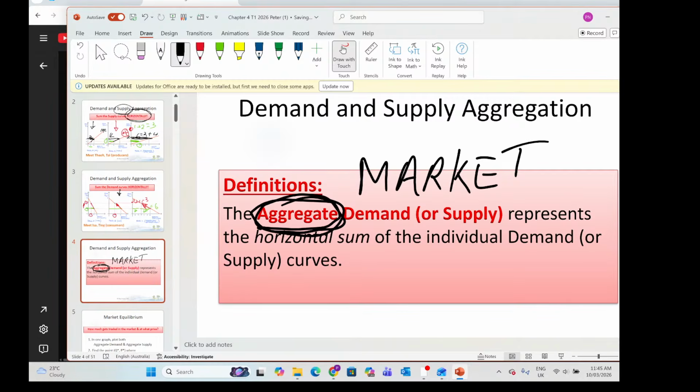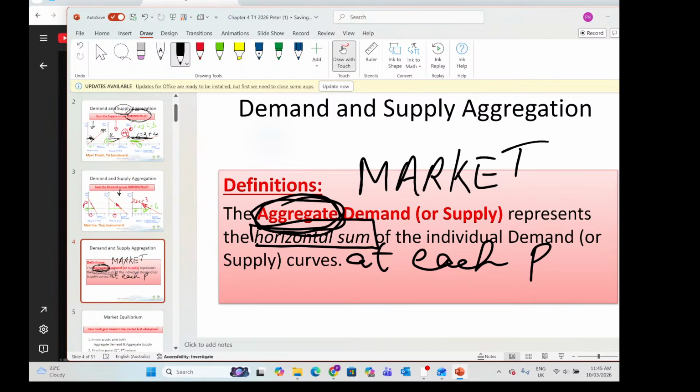And what are we doing? We're just adding the horizontal sum of the individual demand curves and supply curves. We would say at each price, we're adding across ways, sideways.